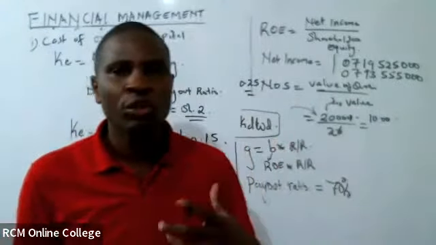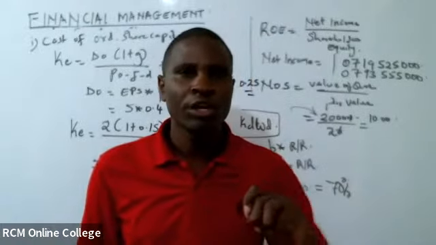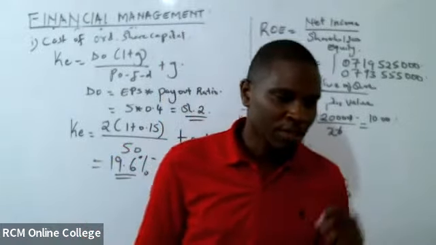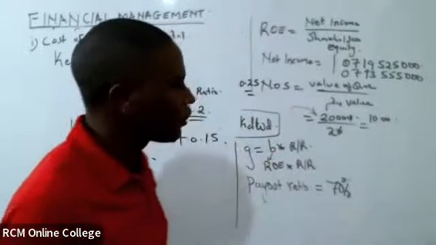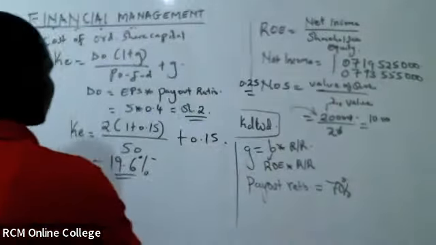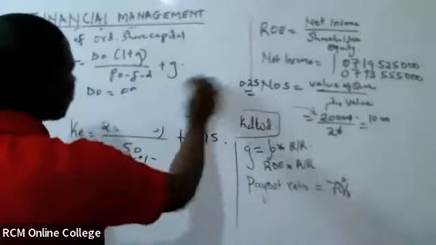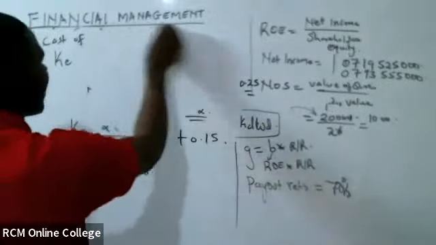Have they mentioned any period? No, they have not mentioned any period for this debenture, and therefore you are correct. You are all correct, so you can appreciate yourself. Don't wait for people to appreciate you.